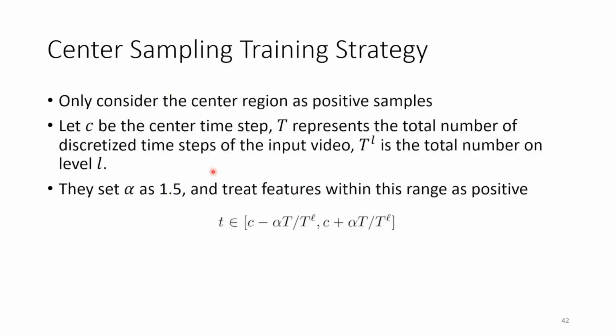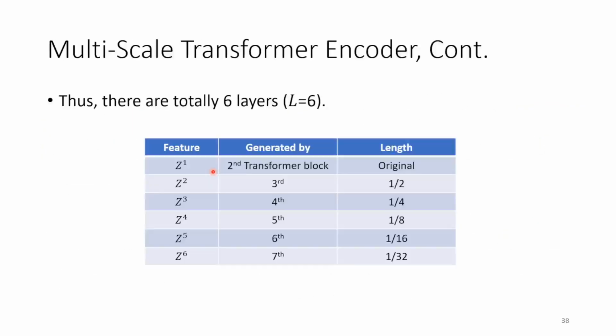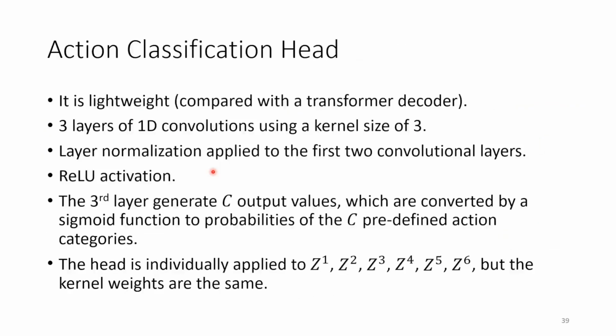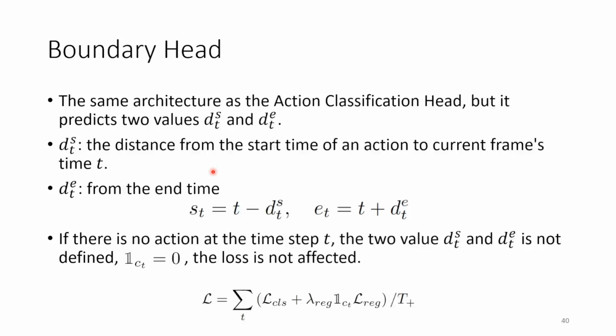So then, once they create the pyramid, they will apply the convolutional based boundary head and the classification head on each of the 7 layers. Okay, so this is the idea.